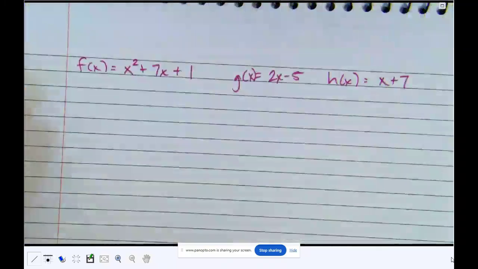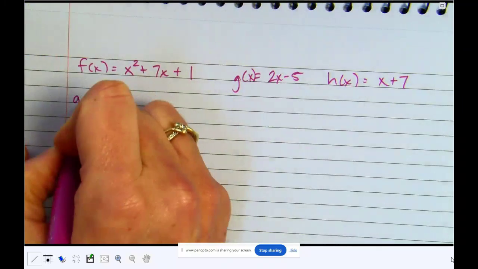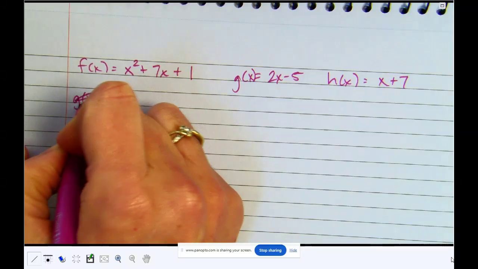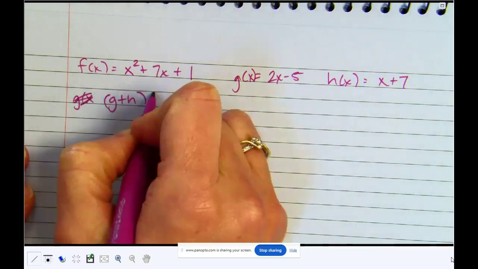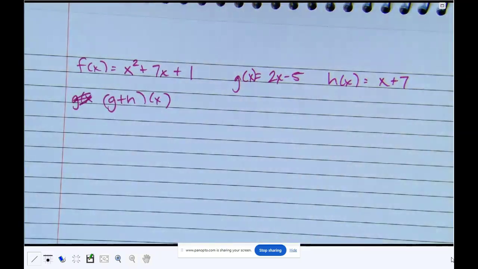This function math is where you need to be able to do things like g plus h of x, which is definitely in the realm of easy.